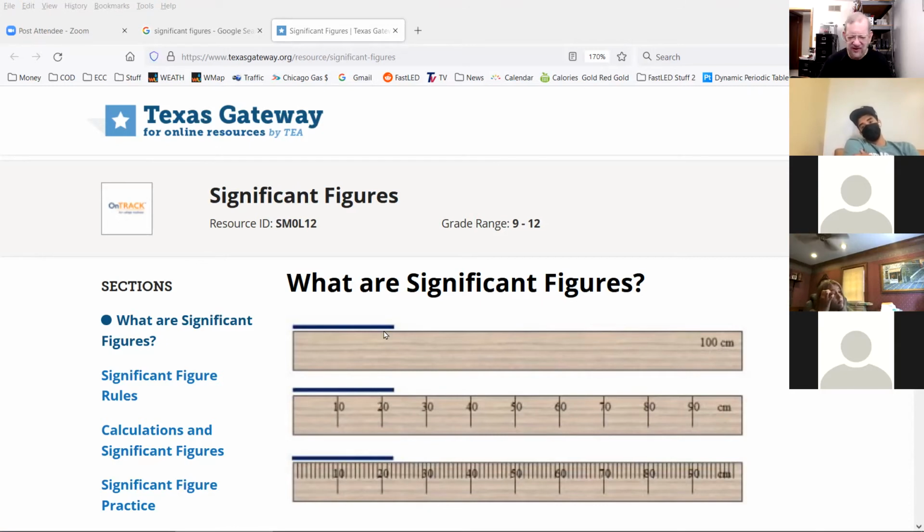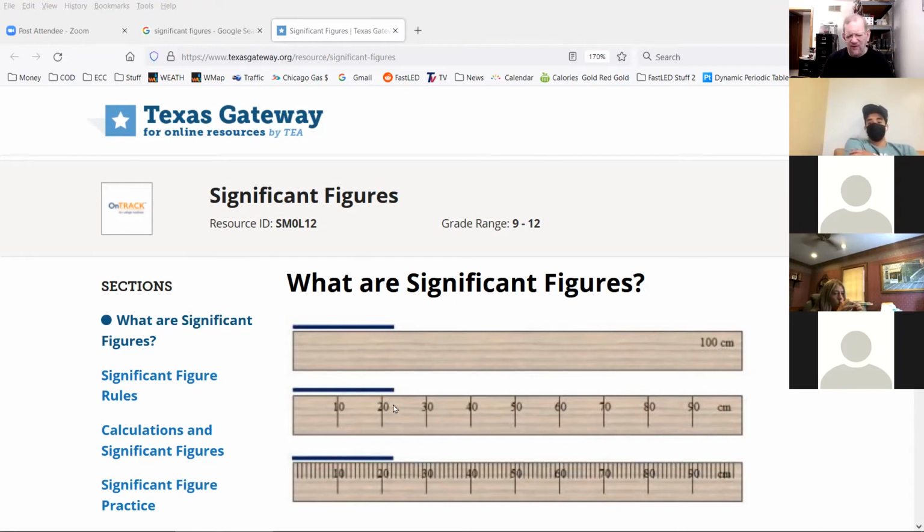If you were measuring that line with the top ruler, you'd say, well, that's about 20 or 30. Let's call it 20 centimeters, because I don't know any more specific. It's somewhere around 20 or 30. So I'd say 20.